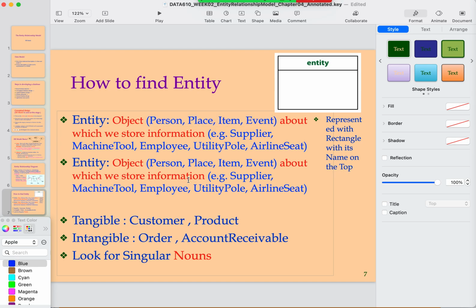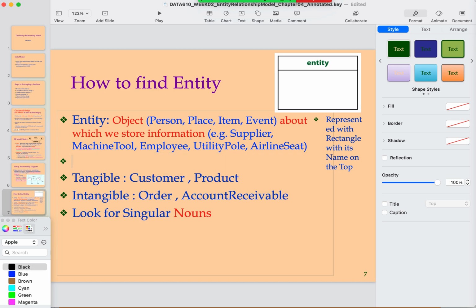And so the object could be a person, a place, item, or event. It can be tangible, such as a human being, a customer, or a product, or it can be intangible, an order that is being placed or a bank account that is being opened.